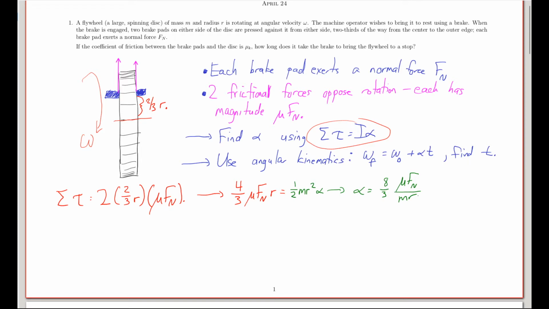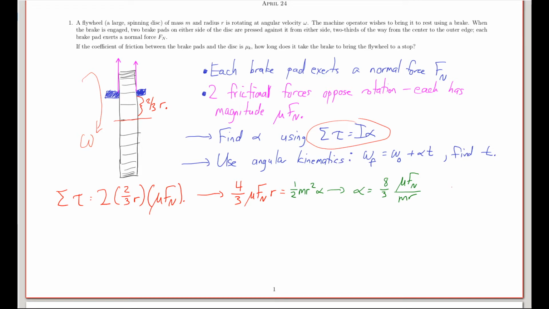The coefficient of friction is dimensionless. The normal force has units kilograms meters per second squared, and we're dividing by a kilogram times a meter, giving us units of 1/second squared. Radians per second squared are the units of angular acceleration. So we did that right.